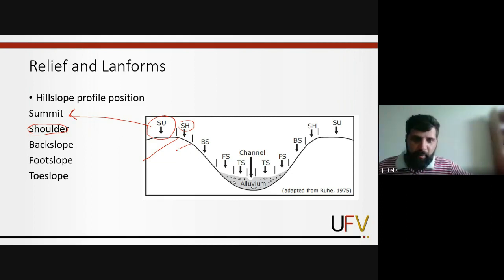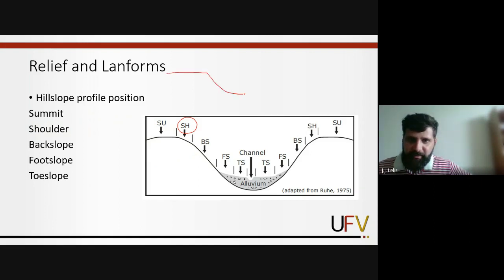So it's quite common to identify different materials in the shoulder, in the summit, in the base and other areas of the slope. If you have a kind of landscape like this, it's quite common that in the shoulder of the hill we can identify different parent materials from the other areas.